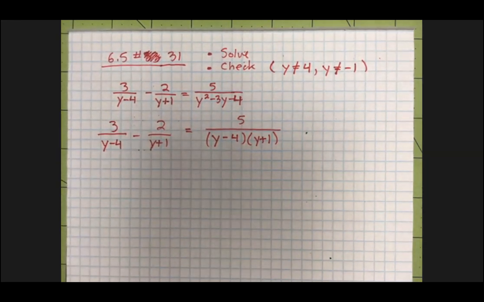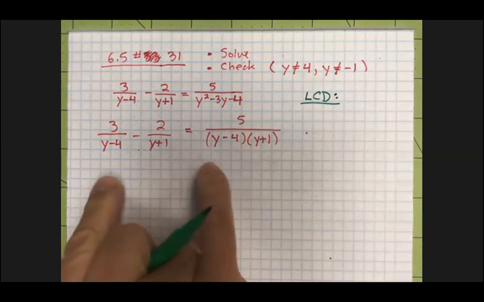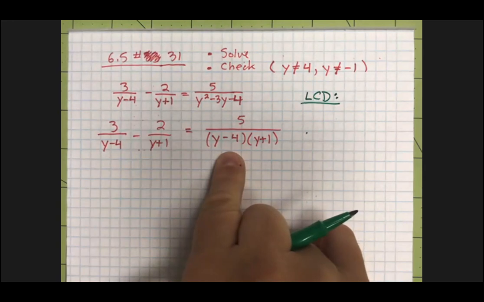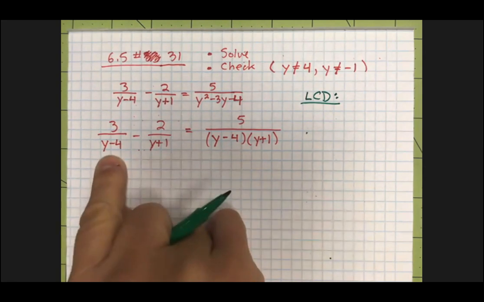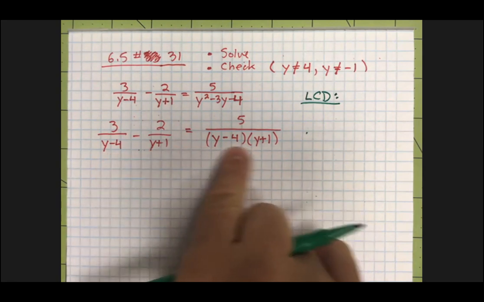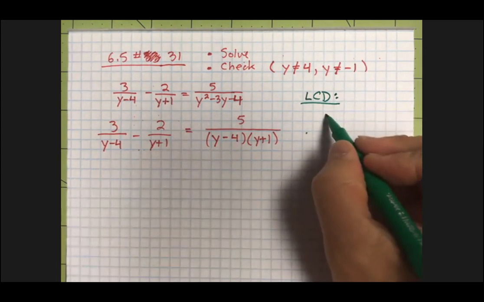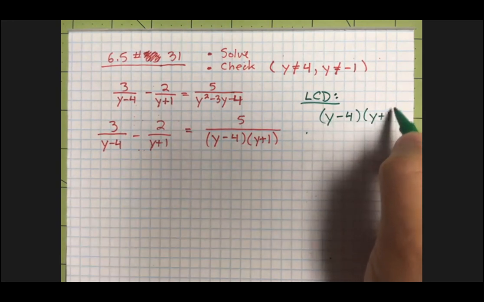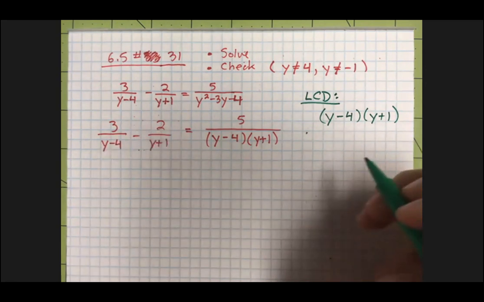We want to multiply by the LCD. Now, this is the first problem today where the LCD was not just plain in your face. So let's look at this. Remember how we talked about it last time. This fraction lacks a y plus 1 to be equal to that fraction. This fraction lacks a y minus 4. The least common denominator in this problem is y minus 4 times y plus 1. Now, Tuesday, we used that to add things together.